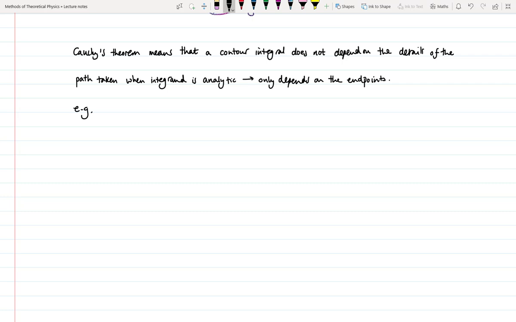We might consider having, in the complex plane, real and imaginary axes. We might imagine starting our integral at this point and ending at this point.